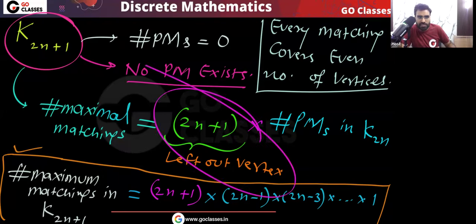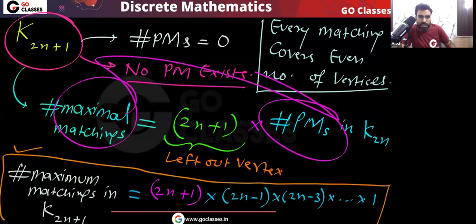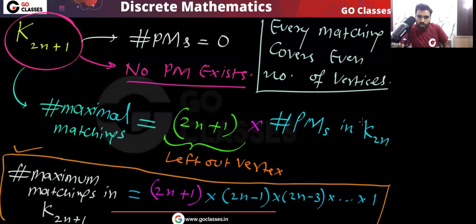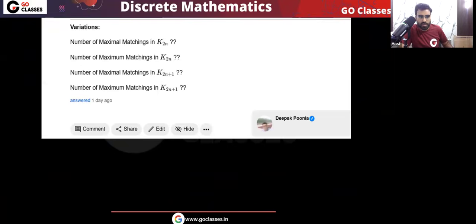So first you find that vertex which is left out, then in the remaining 2n vertices you create a maximal matching, and in a complete graph on an even number of vertices, every maximal matching is a perfect matching, every perfect matching is maximal. So you find the number of perfect matchings in K2n. So you will get the same formula if I ask you the number of maximal matchings in K2n+1. That's it. These are the variations and we have seen the answers. I hope you understood. So these were the four variations that I was asking.